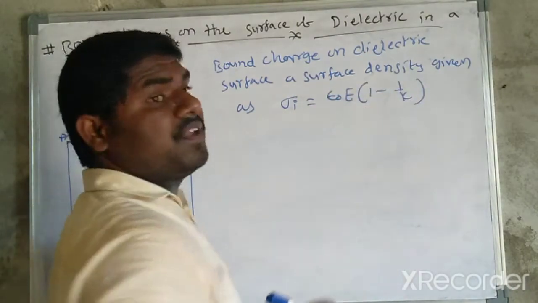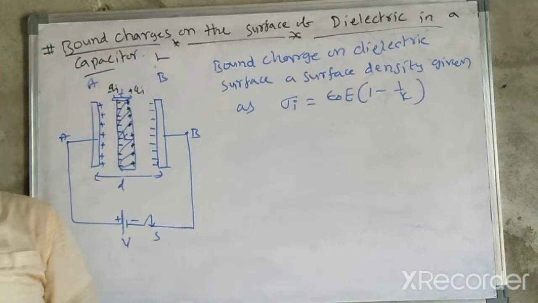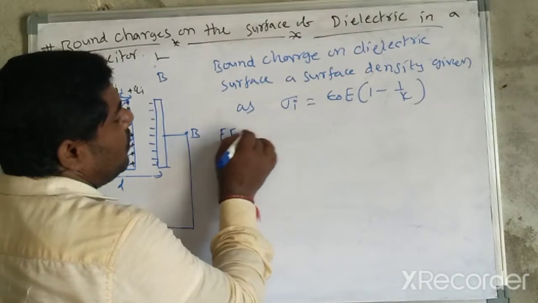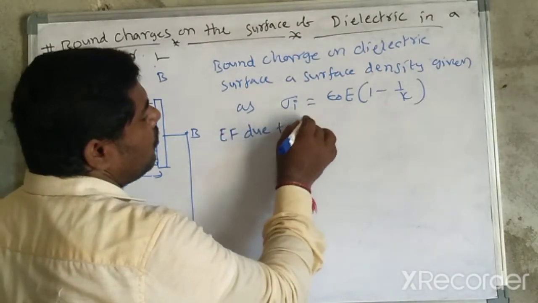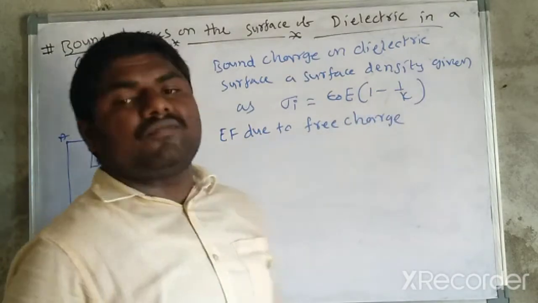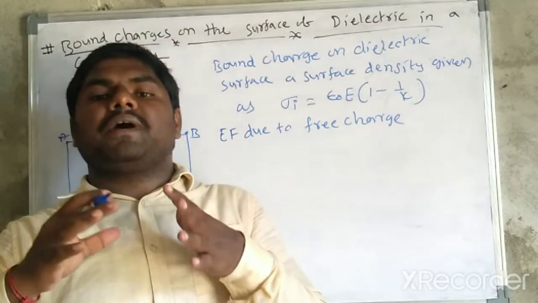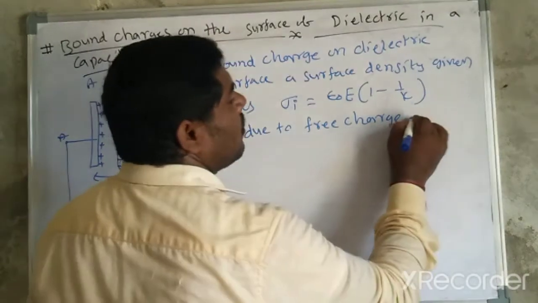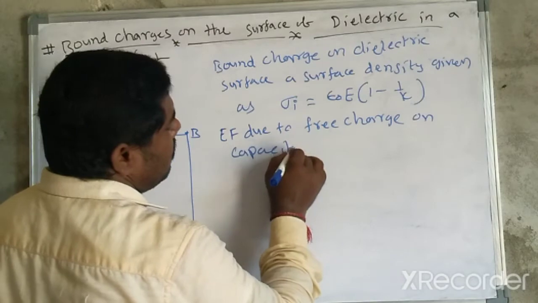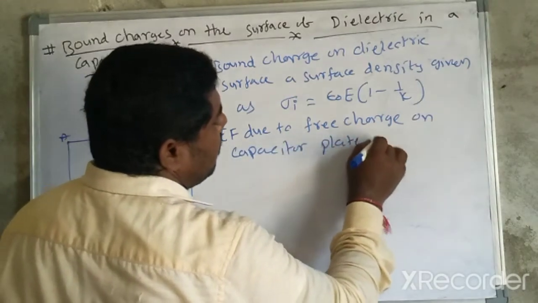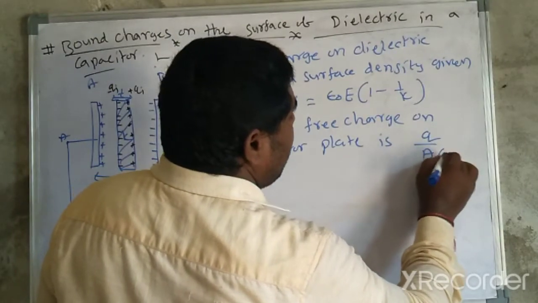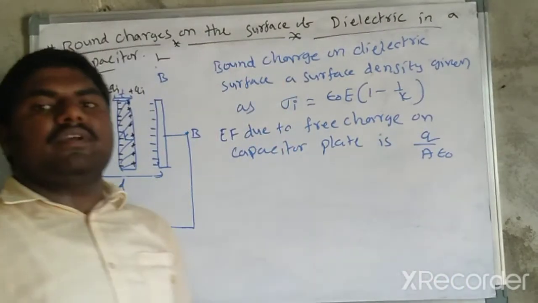Already we discussed this in previous cases. The electric field due to free charge on the capacitor plate is Q divided by A epsilon naught. Already we discussed the previous case.